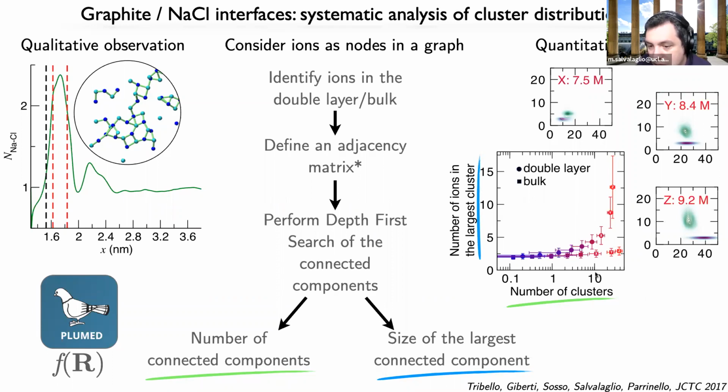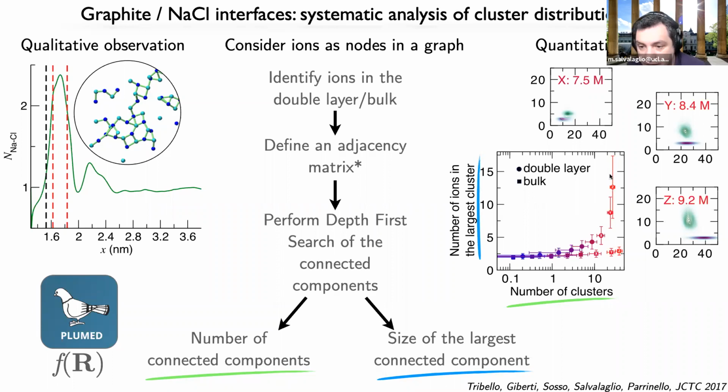And while the number of clusters increases similarly, what changes dramatically is the size of the largest cluster. So in the double layer, we see the formation of significantly larger clusters that are reminiscent of the clusters that are observed as precursors to nucleation processes, also in the bulk at very high concentrations, so in concentrations that are much larger than those sampled here.